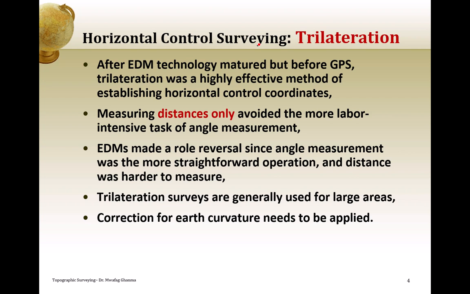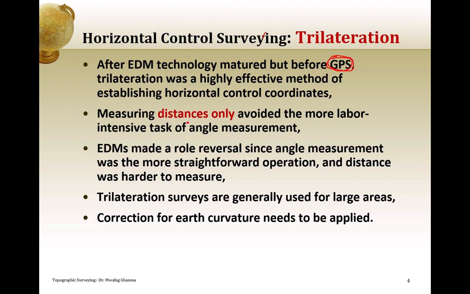But when the GPS evolved, which is a method of using satellites to determine the coordinates between the points accurately and effectively, the measurement of distances and angles started to fade out. So triangulation and trilateration were retreating in front of the GPS measurement method.